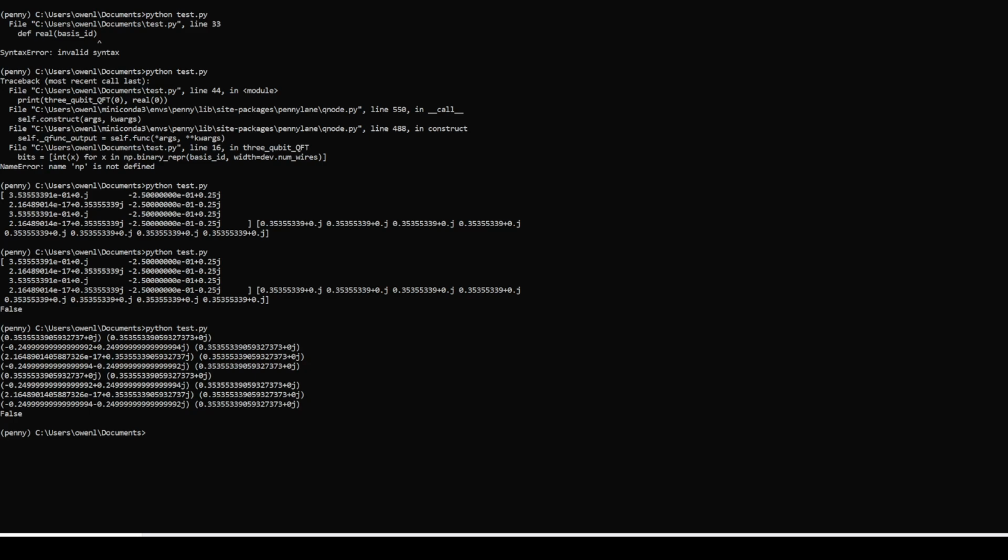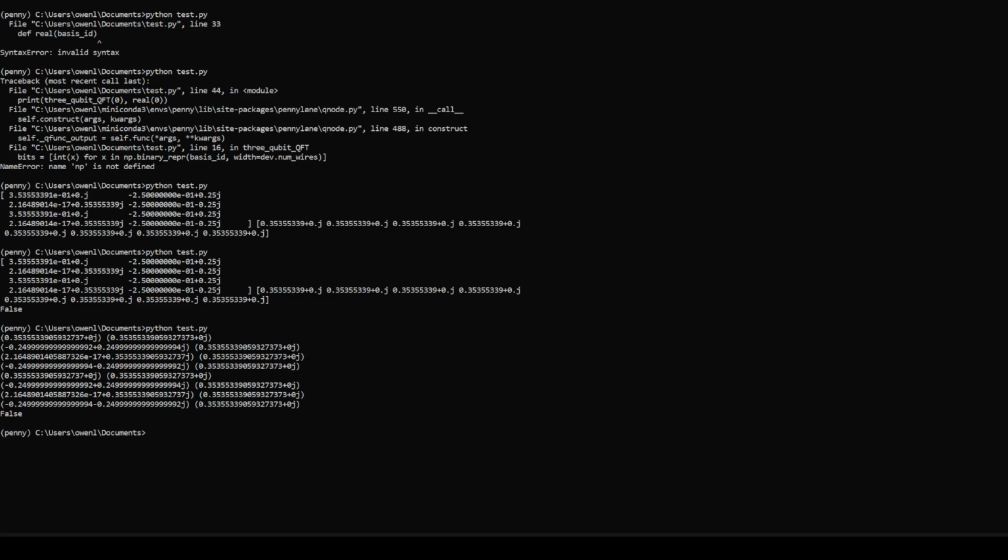Maybe the phase gate is not what I think it is. That's the only thing I can think of right now. Assuming the phase gate is what I think it is, that's the exact circuit, but maybe there's a different gate I should be using. Let me check.